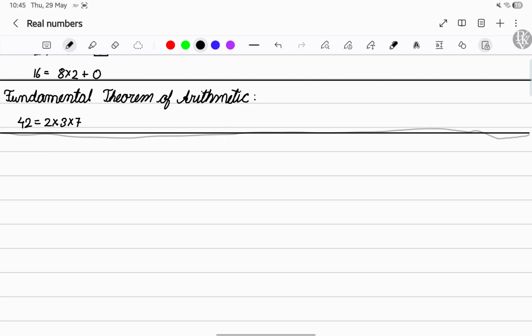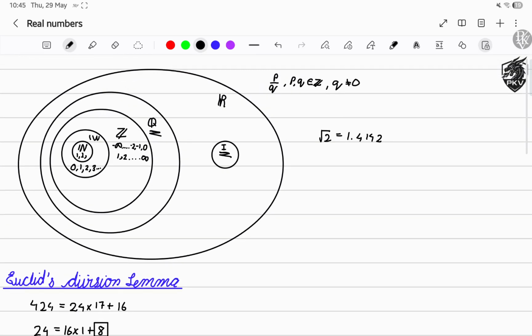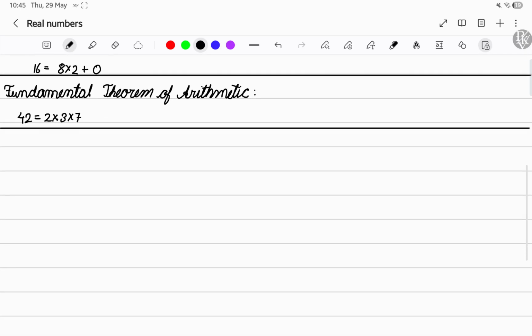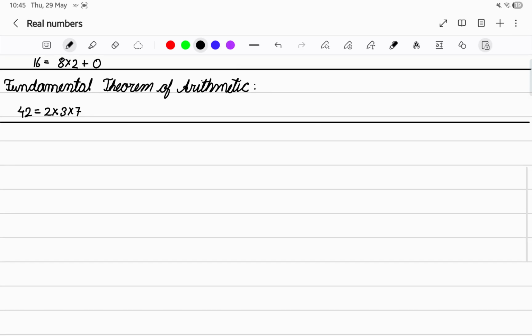Now this is a major step for this chapter, as this chapter revolves around the fundamental theorem of arithmetic, well, most part, because the next part is actually about LCM and HCF. Let's take two numbers, 42 and 24. 42 is 2 into 21, and 21 is 3 into 7, like we did before.